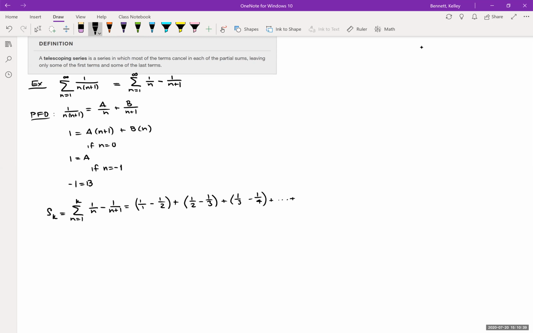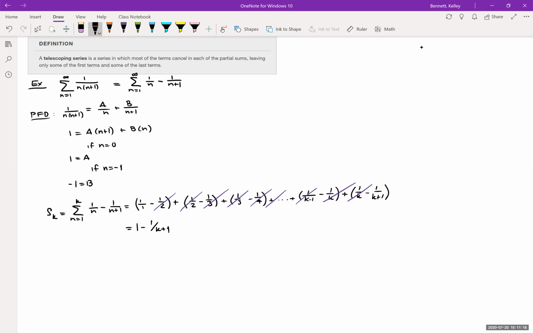So on the end, we're going to get 1 over k minus 1 over k plus 1. And all this stuff cancels. So the halves cancel, the thirds cancel, the quarters cancel. Everything up to the k's is all going to cancel out. And what we're left with, which is why it's called a telescoping series, is 1 minus 1 over k plus 1.